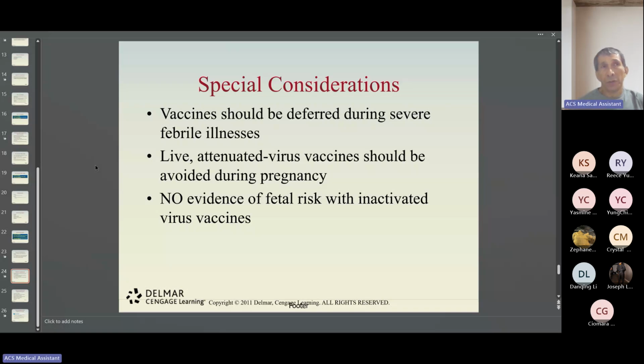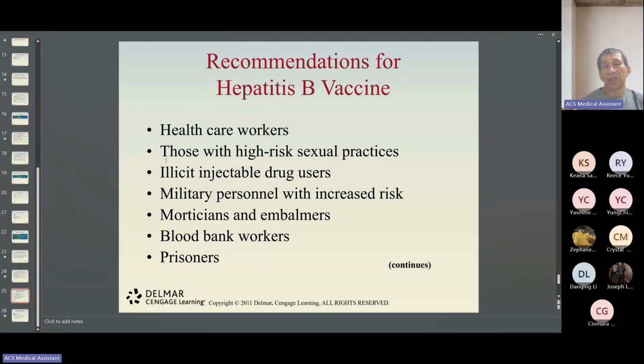This is another question for the national exam. Hepatitis B vaccine. So these are recommendations. I have mentioned this in prior chapters. We are going to continue talking about hepatitis B. Why? Because it is one of these vaccines that is required for every employee.